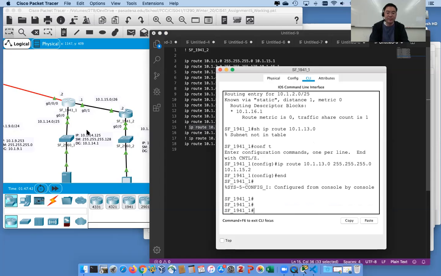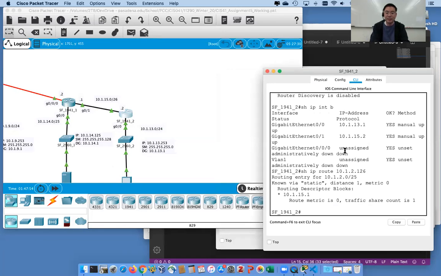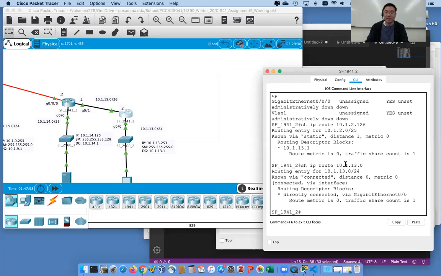Yep, so it says it's passing it off to 10.1.15.2.